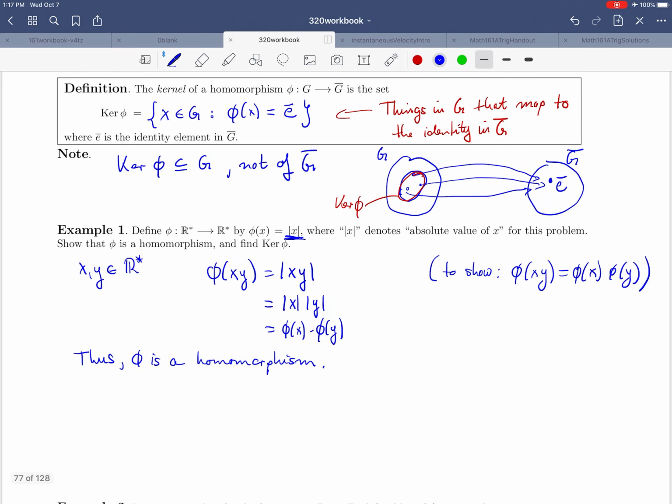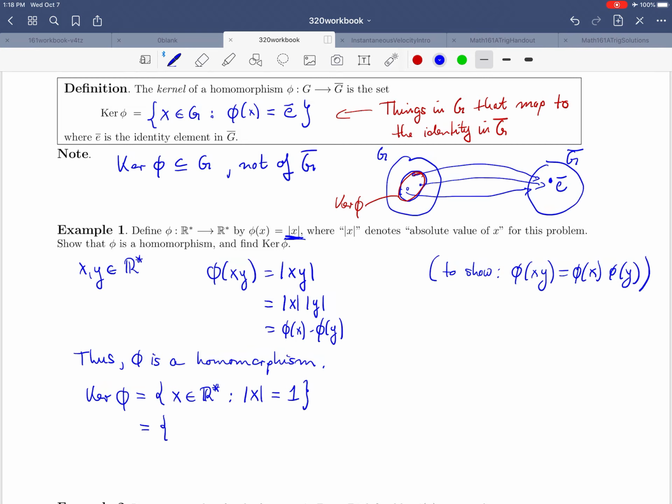Next, we are interested in figuring out what the kernel is. So what is the kernel of phi? By definition, it's all x in R star, the real numbers without 0, so that phi of x, which is the absolute value of x, is equal to the identity in R star, and the identity is 1, since this is a group under multiplication.